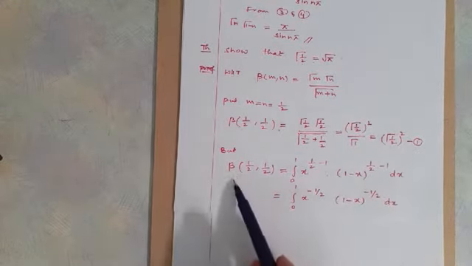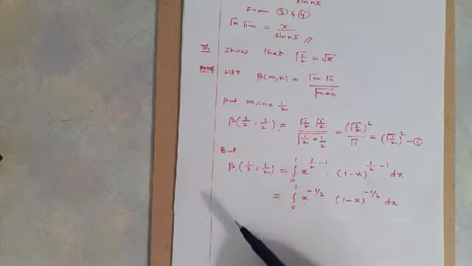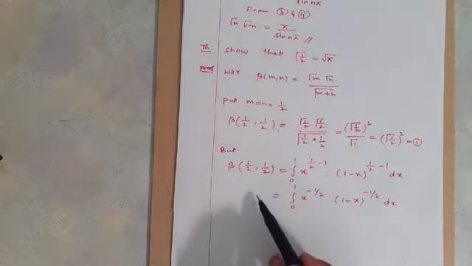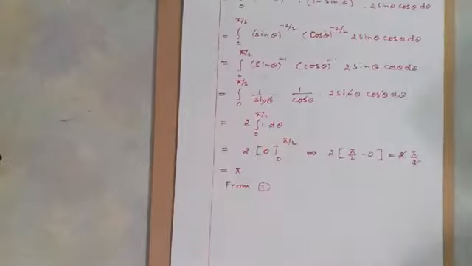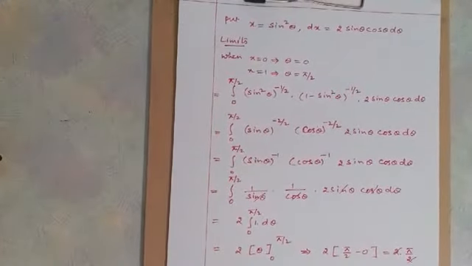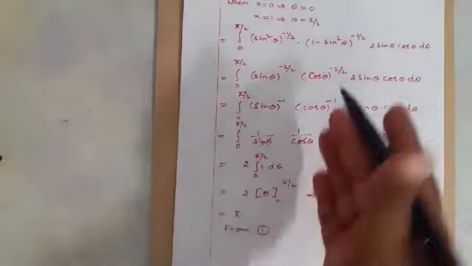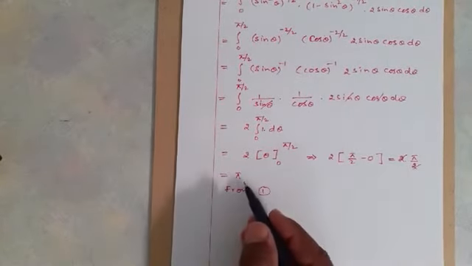Then we took the basic definition of beta, that is beta of m comma n is equal to integral 0 to 1 x power m minus 1 into 1 minus x whole power n minus 1 dx. In that we substituted m and n as 1 by 2, and proceeded by substituting x is equal to sine square theta. Then we did all this, and we got pi.